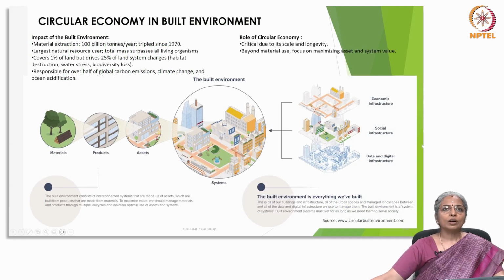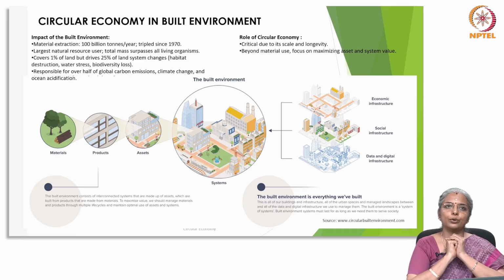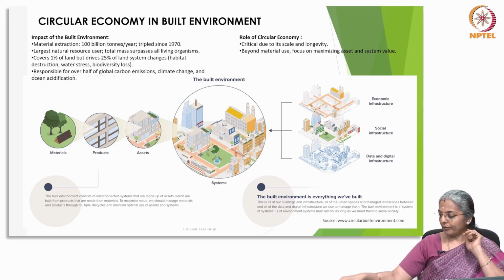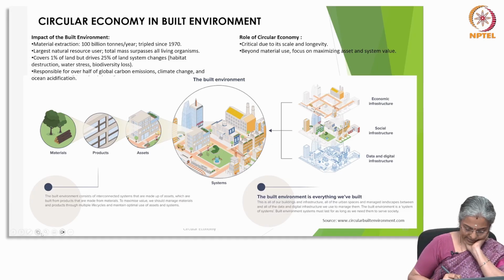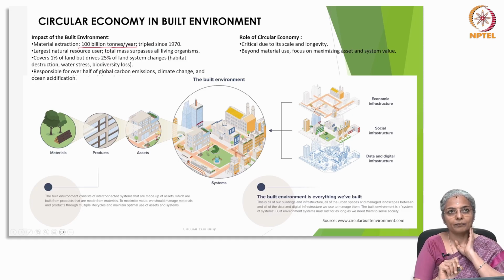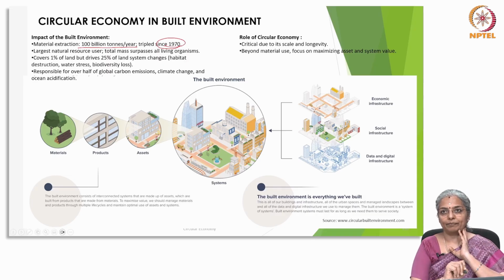Now, what is the impact of the built environment? What we are doing is we are actually extracting materials at a very rapid pace of 100 billion tons a year, which is thrice of what we did in 1970.